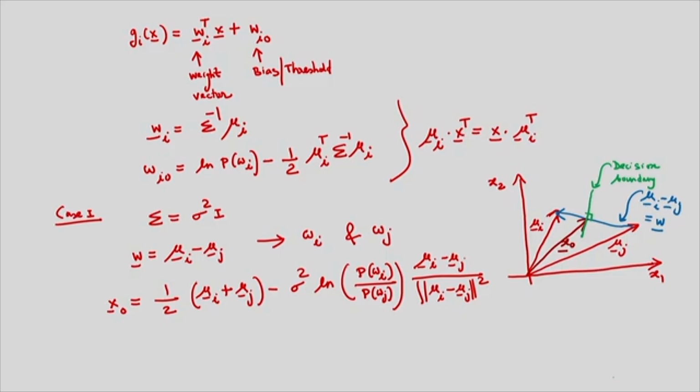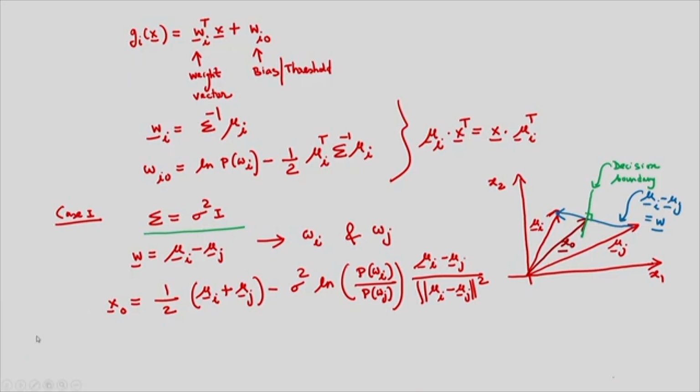The weight vector is nothing but the difference between the two means mu i and mu j, and the decision boundary will pass through the point x naught. This is true for this case, where we have the diagonal covariance matrix and the covariance matrix is the same for all the classes. Corresponding to this case, we have this decision boundary.